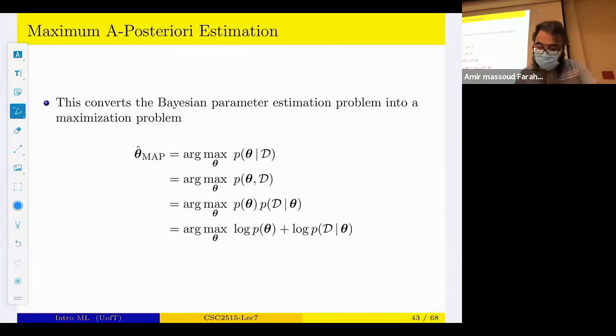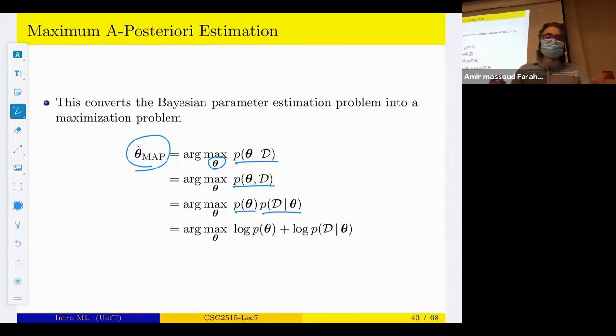So we have theta of maximum a posteriori is the argmax over theta of the posterior. We can write it as the argmax of P of theta given D, because the normalizer, which is P of D, doesn't matter. So we can write it as P of theta times P of D conditioned on theta.